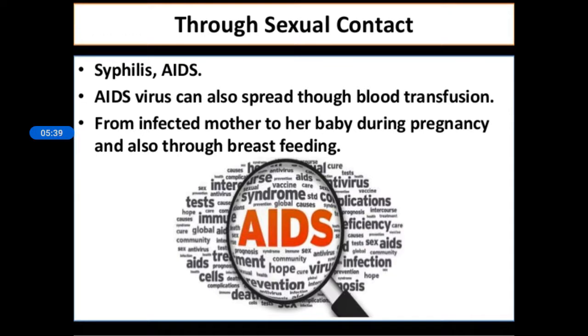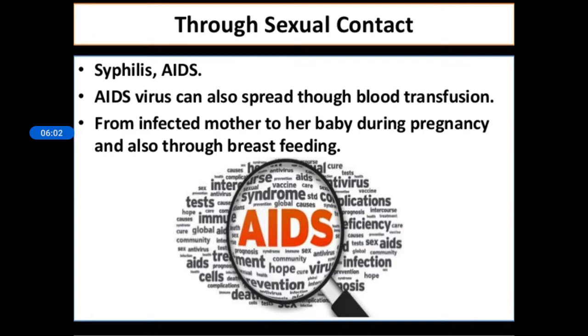From that word itself, it is clear: it is affecting the immune system of a person. Any person who is affected by the HIV virus has their immune system affected, so they lose the ability to fight even simple infections.